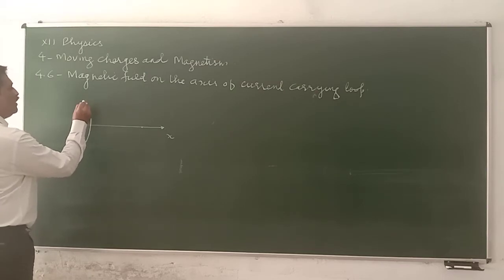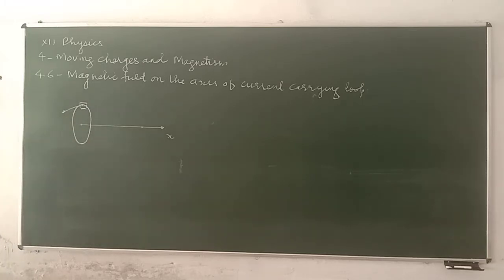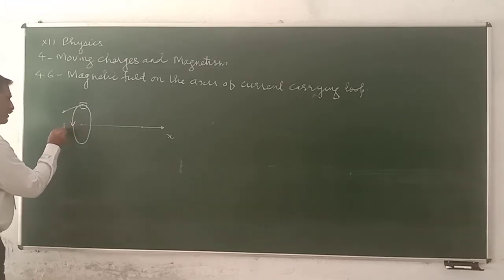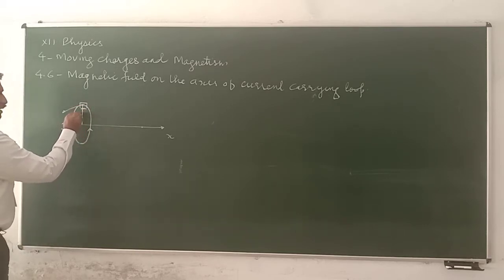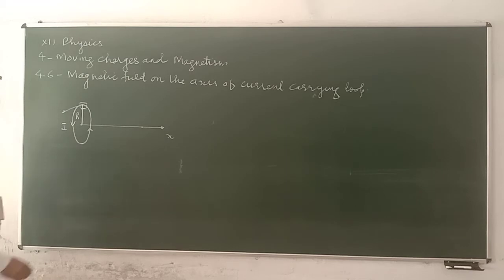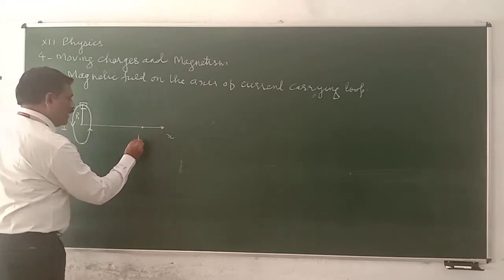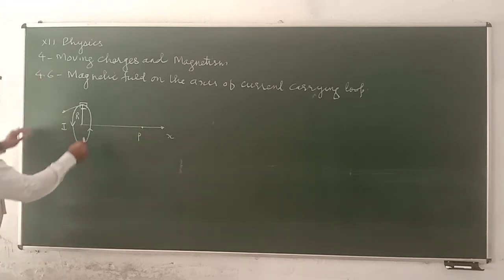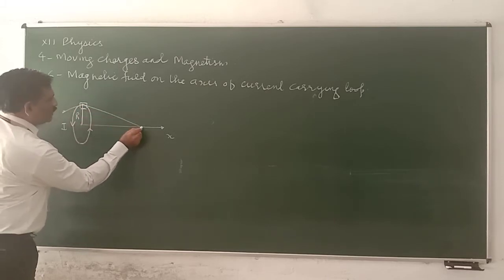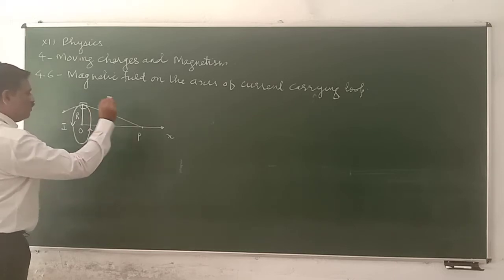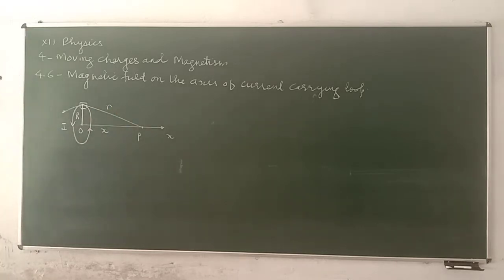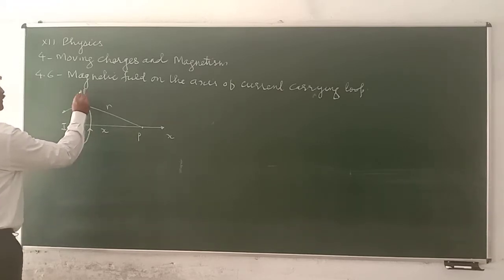Consider one such element of length dl. The current is going in this direction. Capital R is the radius of the loop. We want to find the magnetic field at this point P. Join this; this is suppose R, and this is the center of the loop, at distance X. Current is flowing through this small element dl.